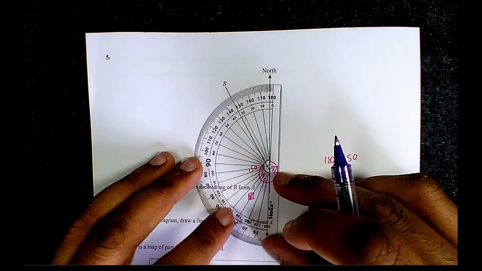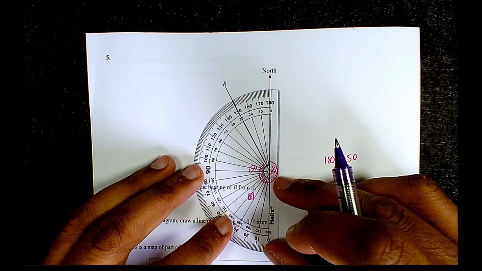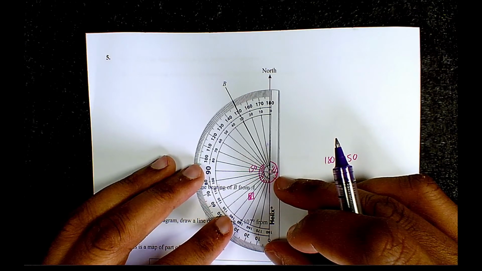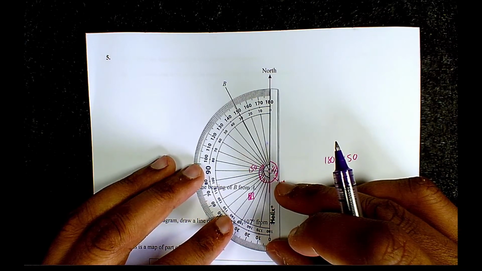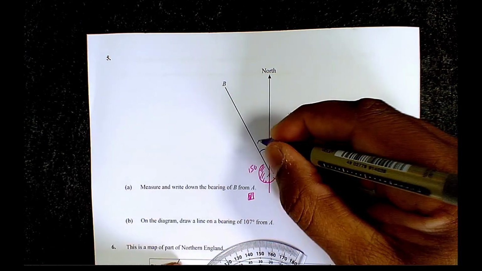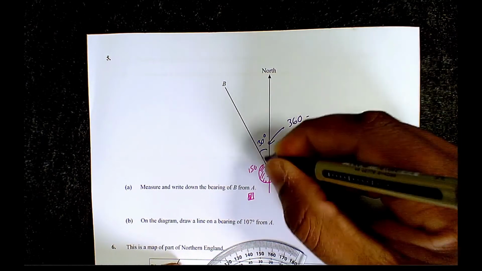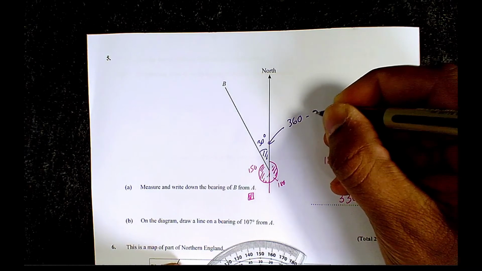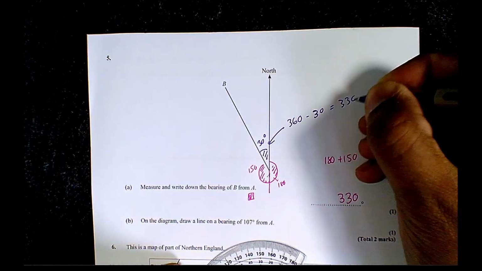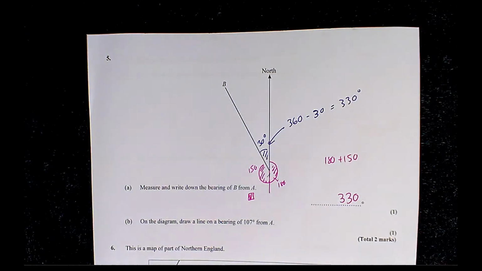Alternately, what I could do is measure the angle that I don't want, which is this in the middle, and I make out that is going to be roughly around about 30 degrees. So it's going to be 360 minus the angle that I don't want, which is 30 degrees, and it gives me the same answer of 330 degrees.